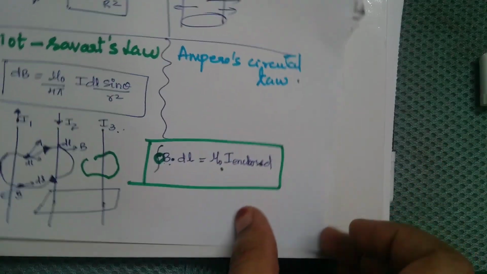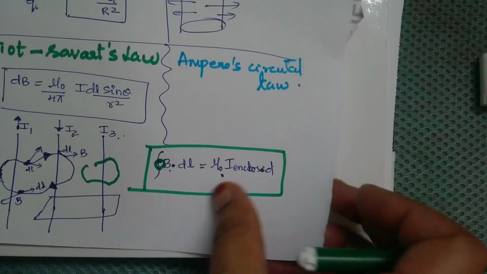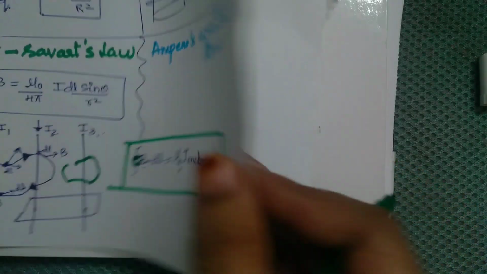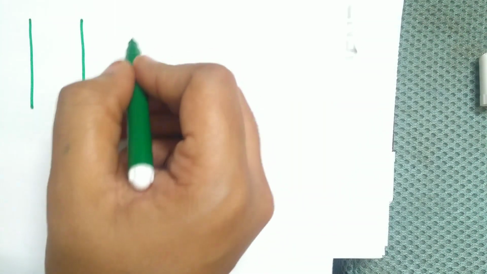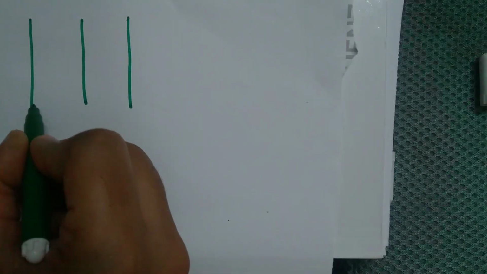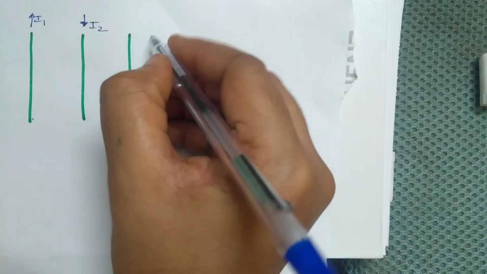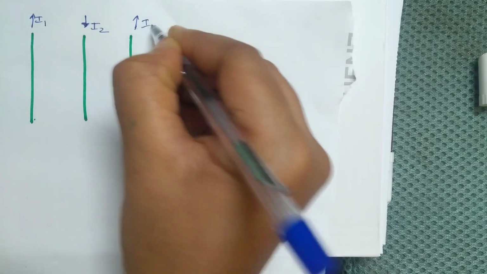Now you must be confused, or a question is arising in your mind. We have here currents I1, I2 and I3. The direction of current is here I1, here it will be I2, and here let us take it as I3.